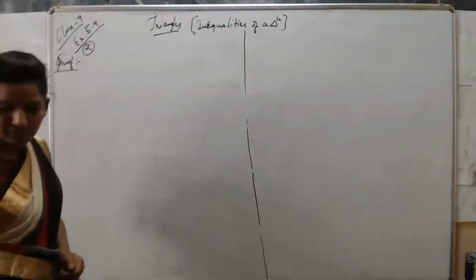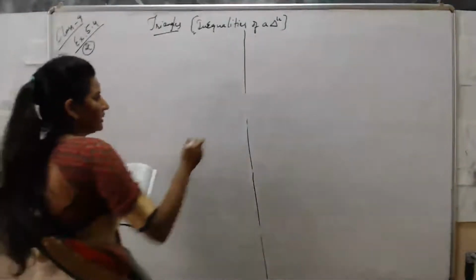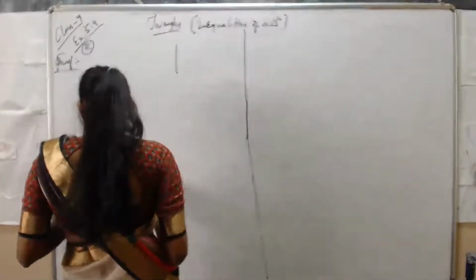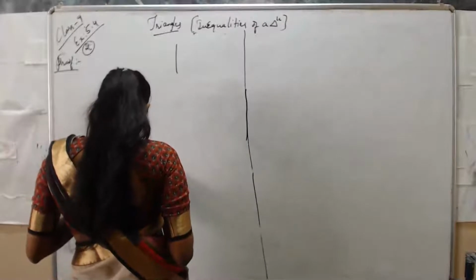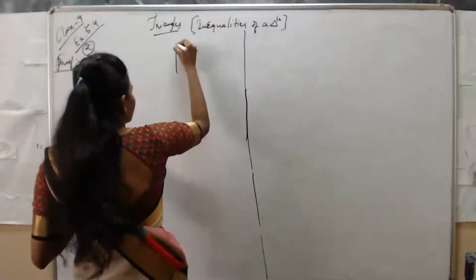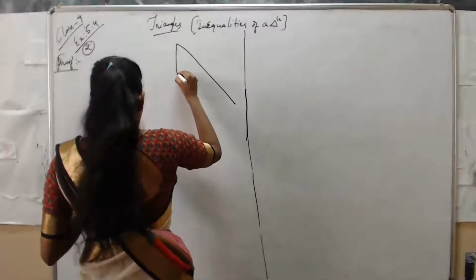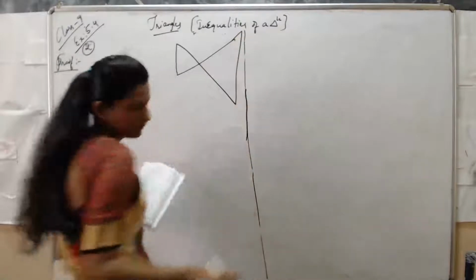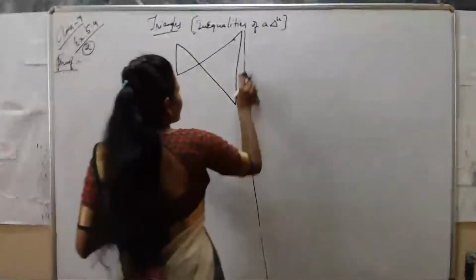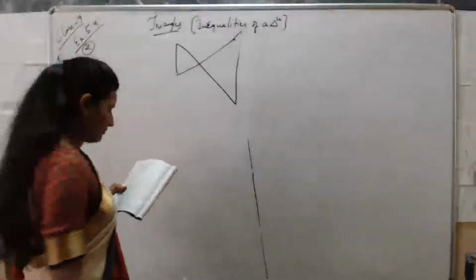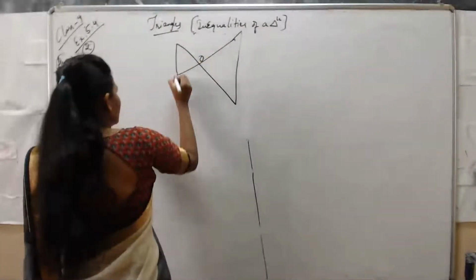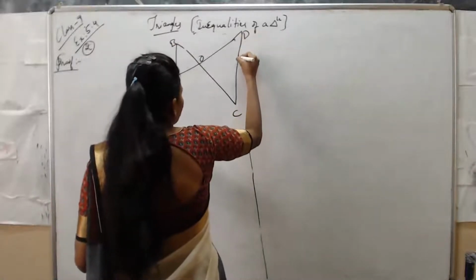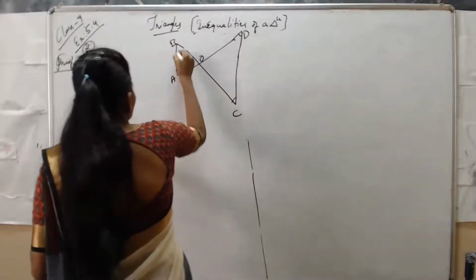Next. Given figure. Wait, I will draw the figure. In figure 5.49, this is the figure. O, A, B, C and D. These four are the angles.